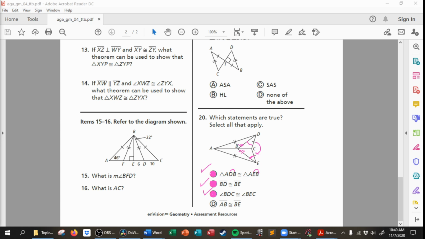And then the final question is, is line segment AB congruent to BE? Well, let's look at that. AB and BE, are they congruent? Well, this is not an isosceles triangle. It's not given to us that it's an isosceles triangle.